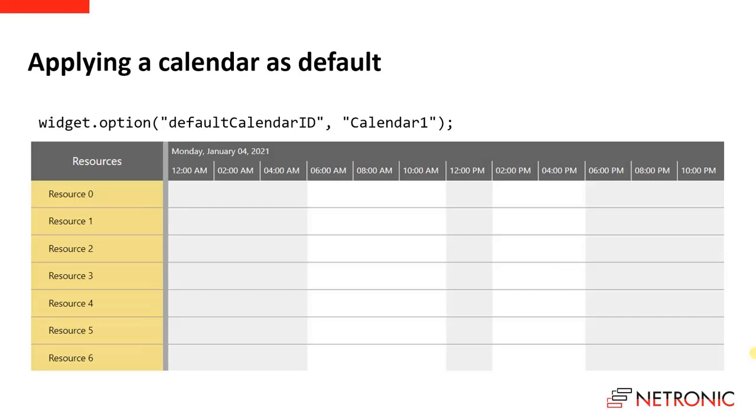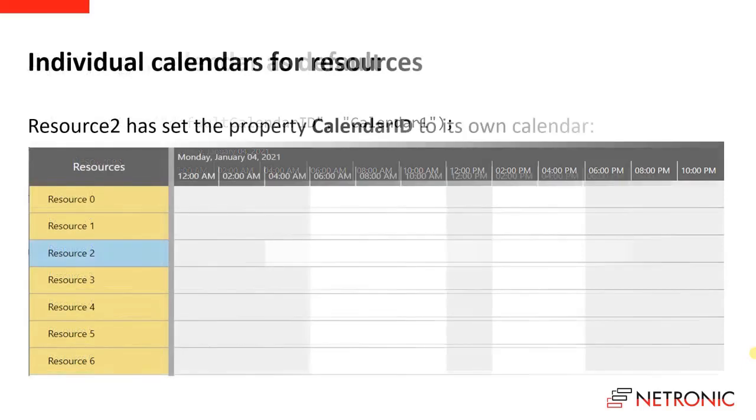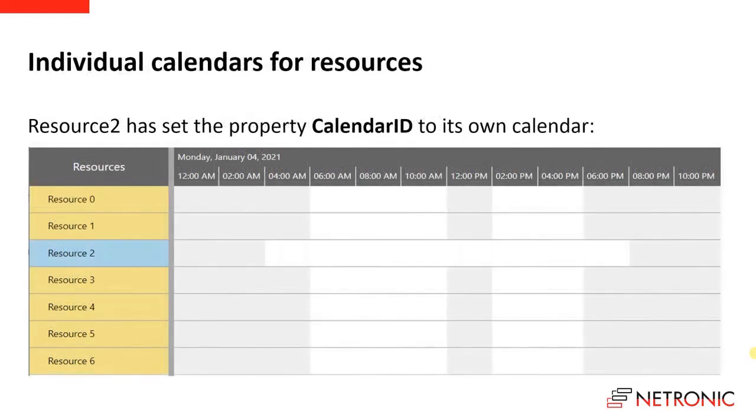In practice, it's more realistic that resources have different calendars. For example, here we see that the resource 2 has a calendar that is different to the calendars of the other resources. To define such an individual calendar, we can use the resource property calendar ID.